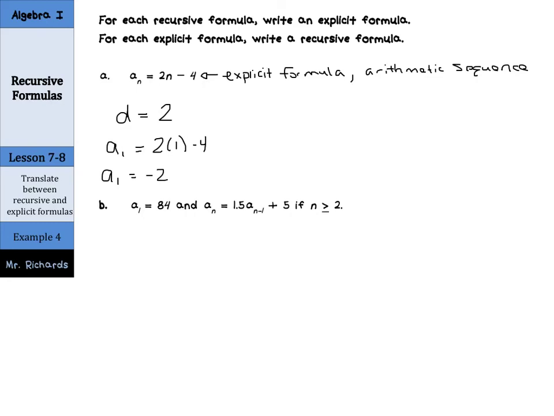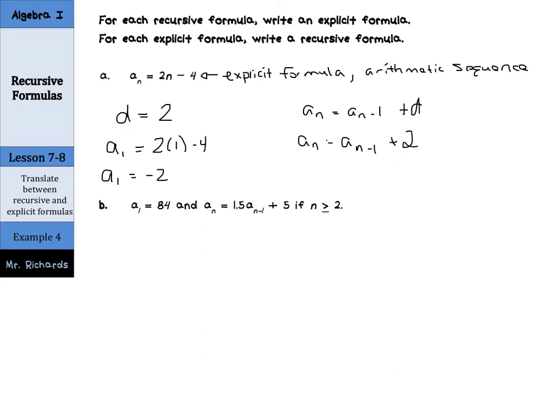And so now, to get this into a recursive formula, we're going to use our arithmetic sequence. So a(n) is going to equal a(n minus 1) plus d. So a(n) is going to equal a(n minus 1), and our common difference was 2, so plus 2.